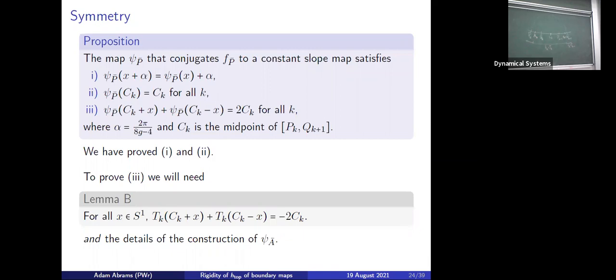And at first, we thought that we could do the proof of property 3 just as quickly, and that it would be a really short paper, maybe too short to publish. But then we realized that that argument was incorrect, and it took many more months to fix it. So I guess the good news from that is it makes it a more substantial result. But in order to prove the symmetry of psi, you do need some details about the construction of this conjugating map.